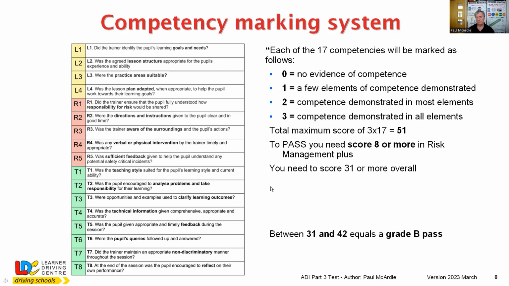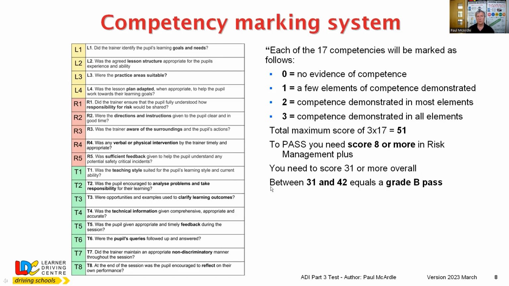Now, if you're between 31 and 41, then that will equal a grade B, because you probably heard this grade B and grade A pass. And if you score between 43 and 51, that equals a grade A. But remember, you still have to score the 8 or more on risk management in any of those cases.